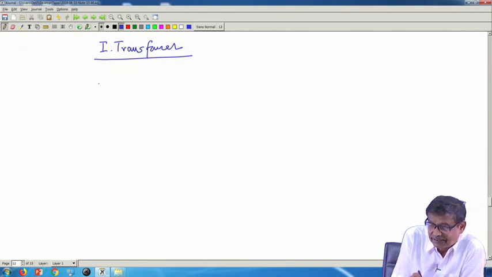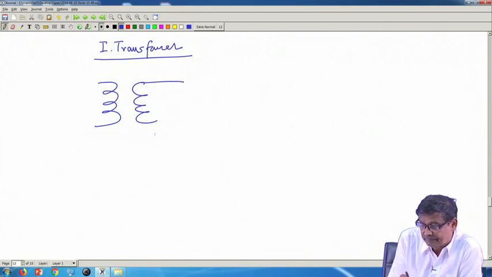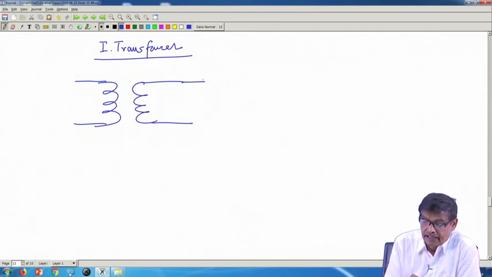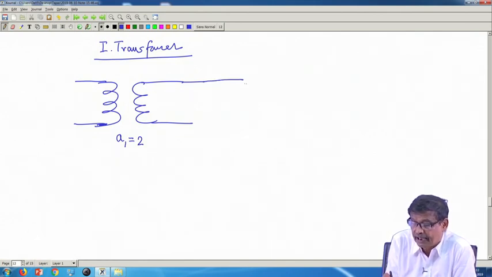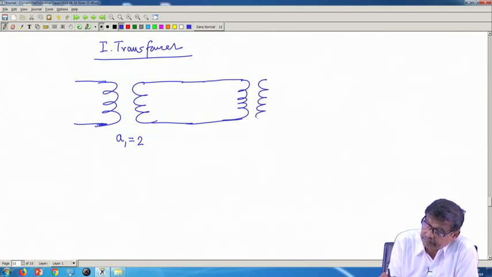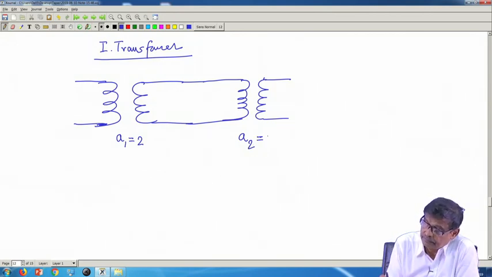Suppose somebody has connected a transformer here whose turns ratio is 2, and another transformer here whose turns ratio is half.